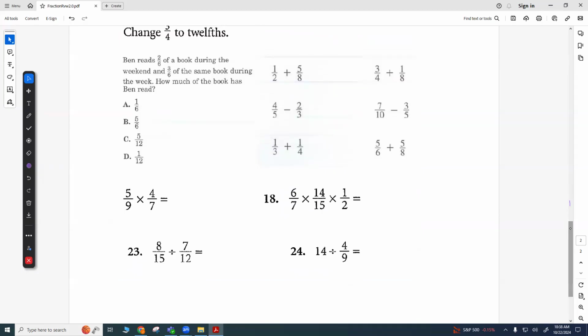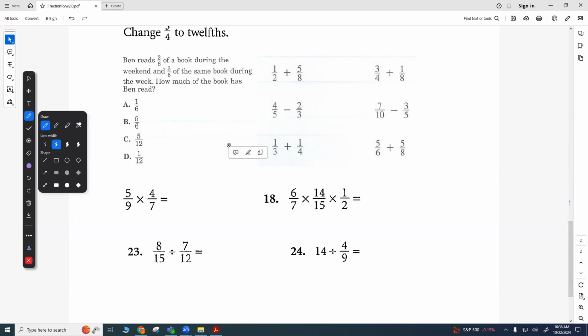Okay. Adding fractions is kind of hard because if the fractions you're adding have different denominators, before you can do your adding step, you have to find equivalent forms.